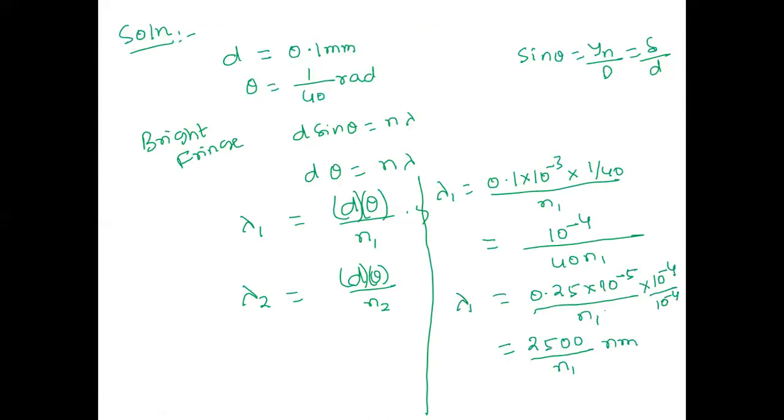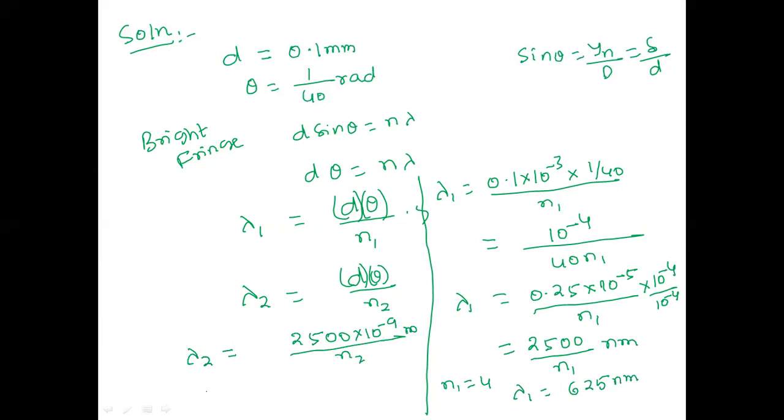Suppose n1 is equal to 2, it is not in this range. So n1 must be equal to 4. When n1 is equal to 4, lambda 1 equals 625 nanometer. Similarly for lambda 2, d and theta are the same, so 2500 into 10 power minus 9 meters by n2.